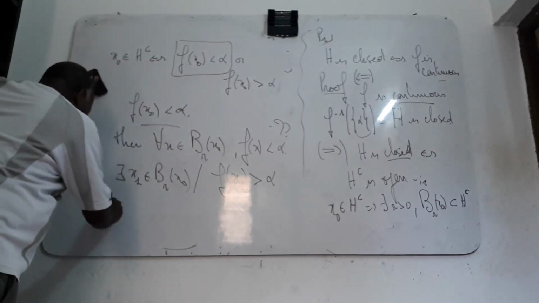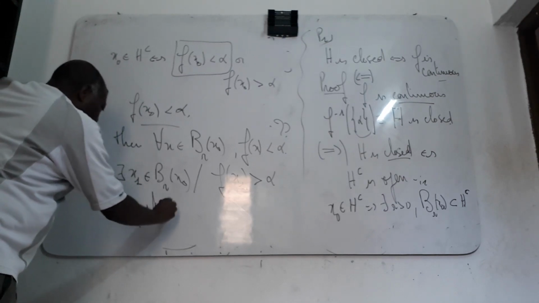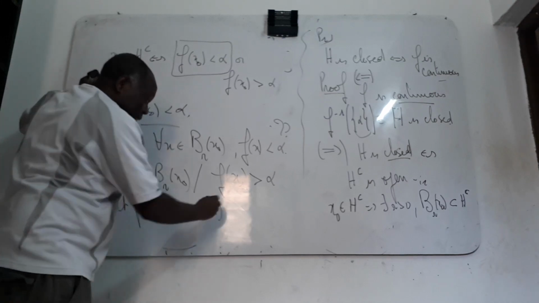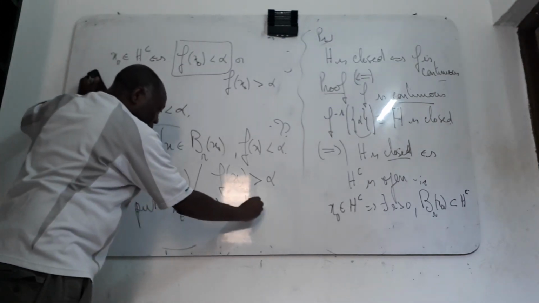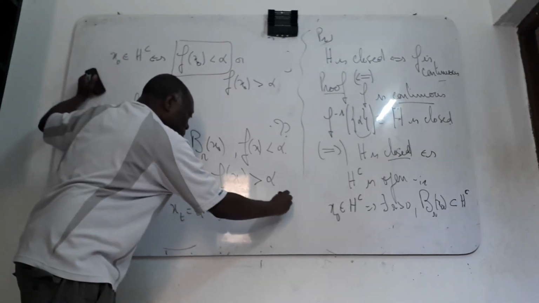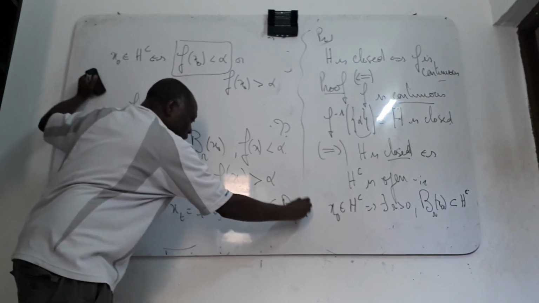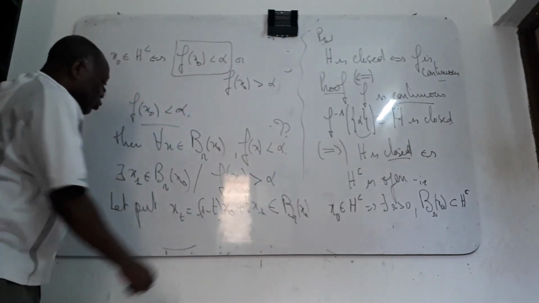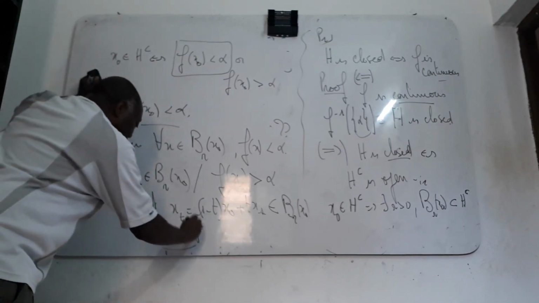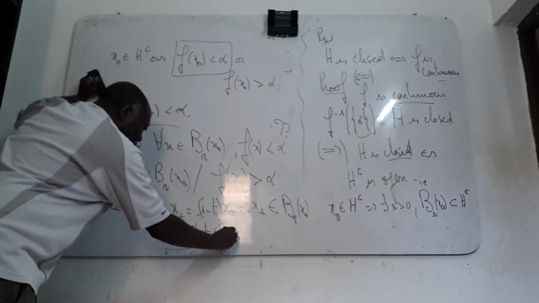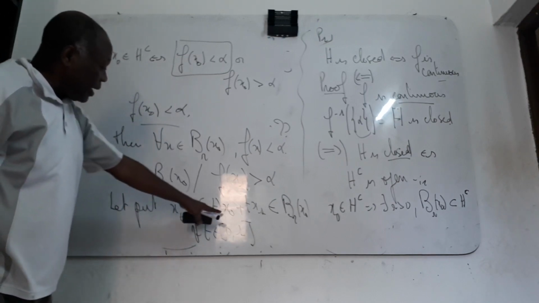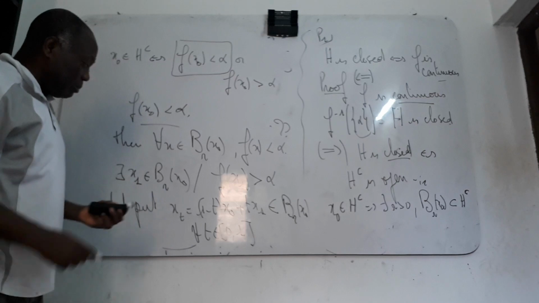Then you put xt equal to (1 minus t) x0 plus t x1. This element is necessarily an element of the ball. It is very simple to prove, because x0 and x1 are elements of the ball, so for all t in the closed interval [0,1] the point xt is in the ball.